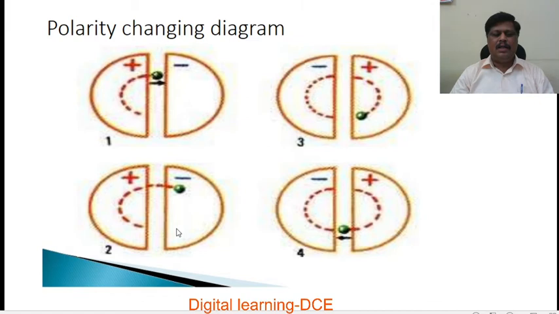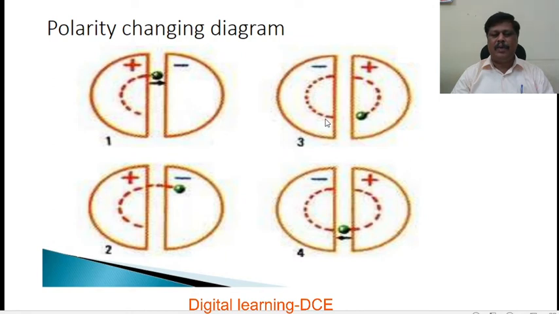So whenever this positively charged particle comes here, as shown in diagram 3, the terminals of the Ds get changed. The negative becomes positive and positive becomes negative. So here when the proton comes, the polarity of D2 changes from positive to negative.